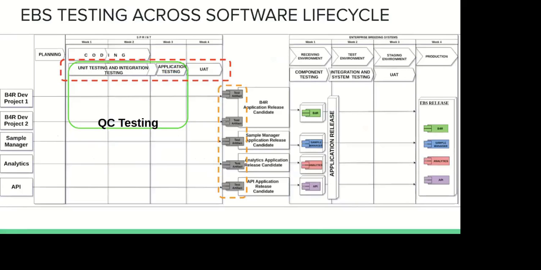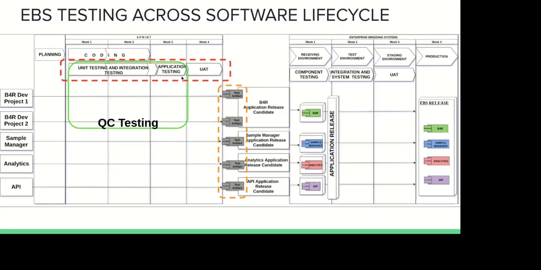Okay. So moving forward, we would want to integrate our QC testing process, or quality control testing process, across the EBS testing. In this diagram, in parallel with coding is the unit testing and integration testing for the first 2 weeks of the sprint.